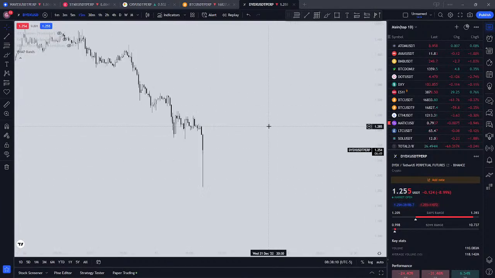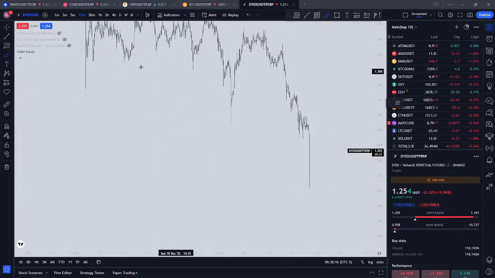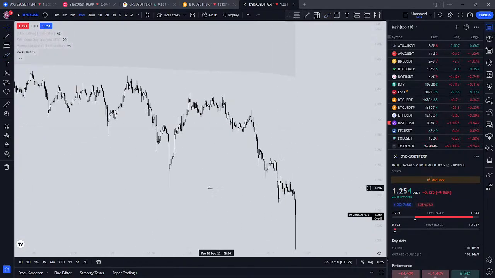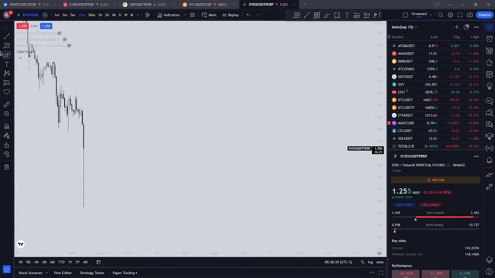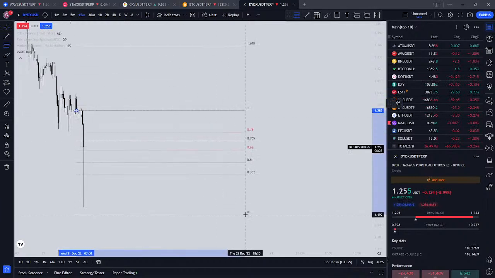So what usually happens with these situations is moves tend to happen in two impulses. If you ever look at any big move that happens, let me just pull up an example right here. For example, this up move, so this would be your first impulse and then your second impulse. If you consider the thing that's happening right now to be your first impulse, we could look at a trade like this to take advantage of this volatility.